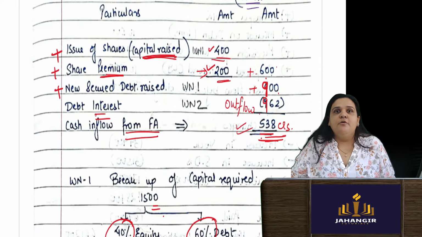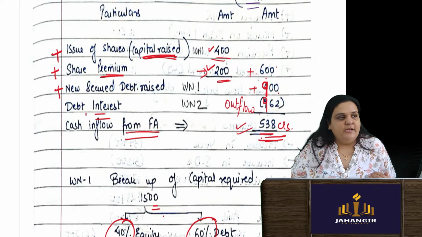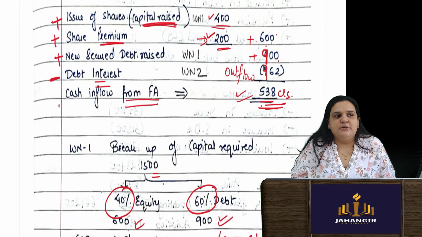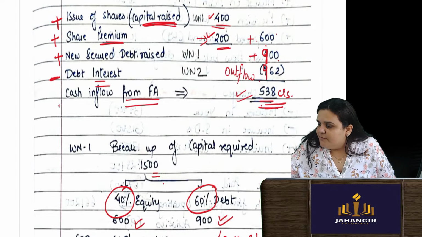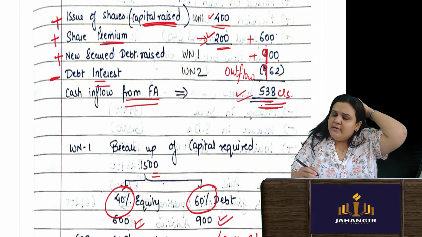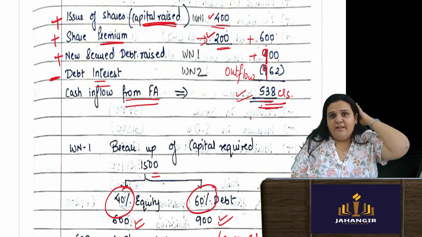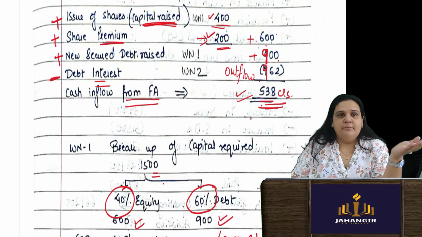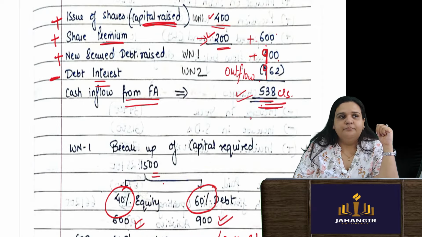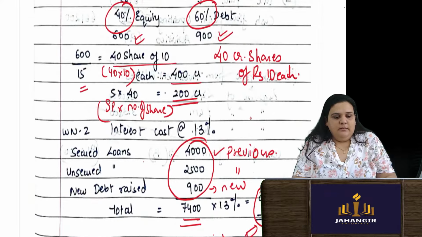Cash flow coming in due to the financial activities, and this is cash outflow. Okay, so 900 plus 600 minus 962. From 1500 I will subtract to get 538. Could have done directly also, but it is for 5 marks. We have to show some kind of format, some working note to the institute that we have solved this. Okay, clear? Understood?